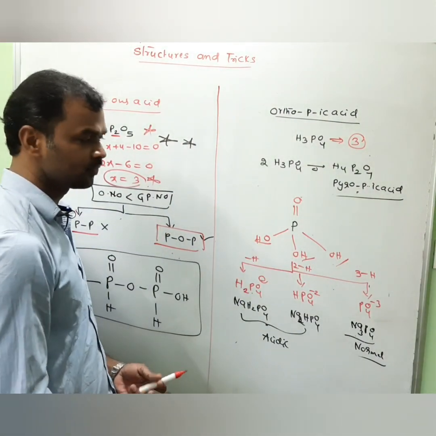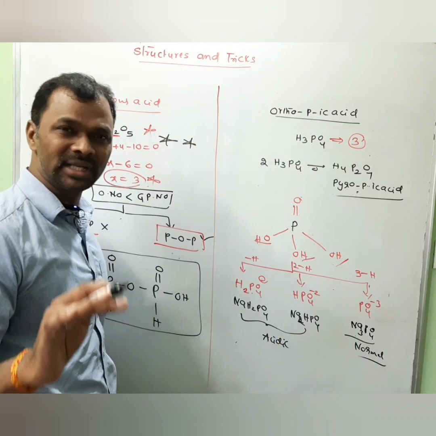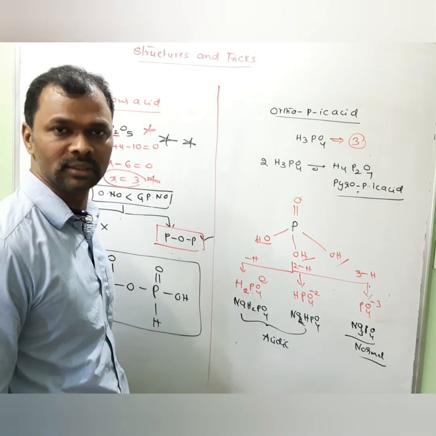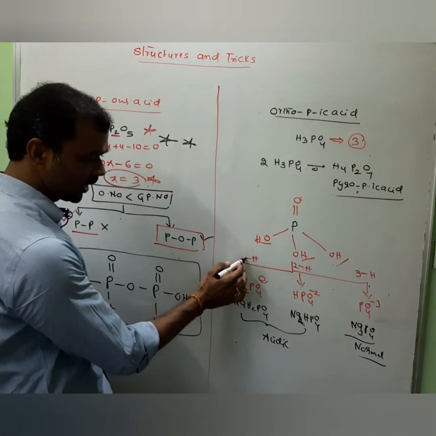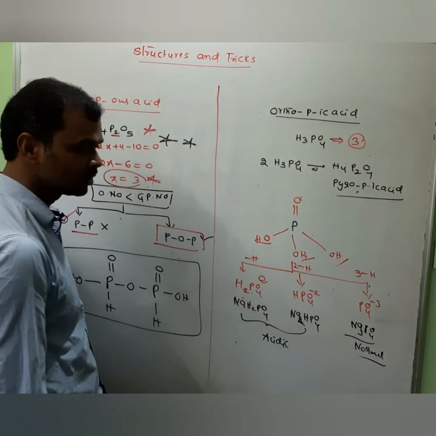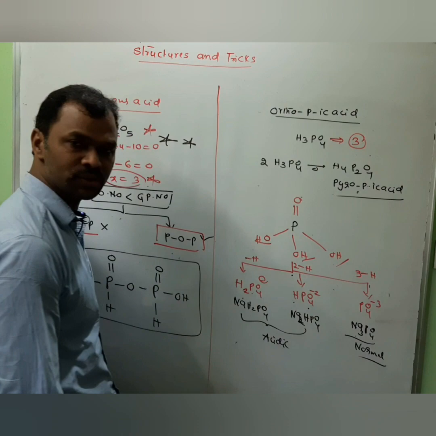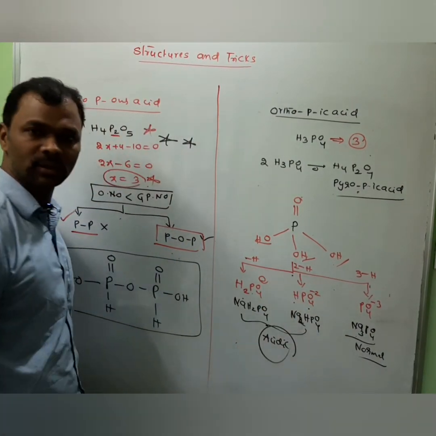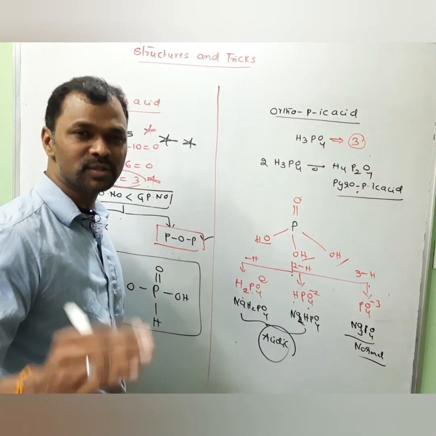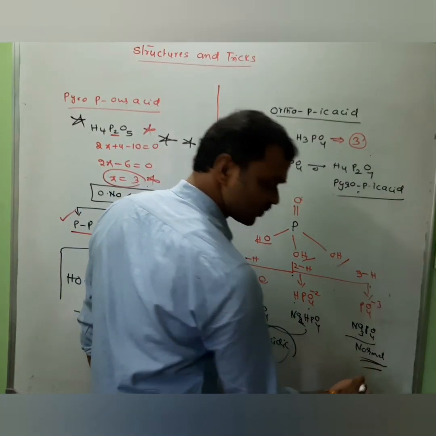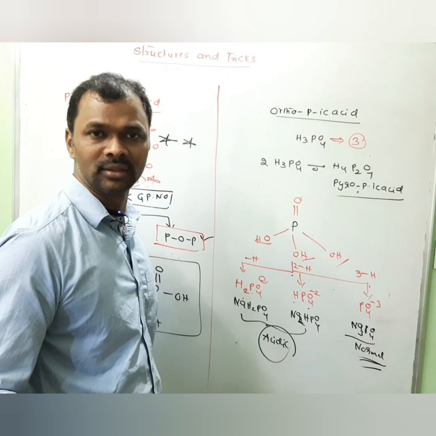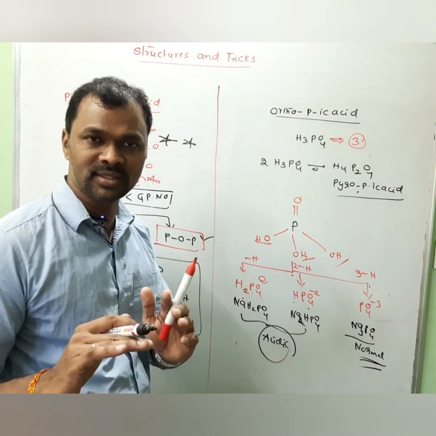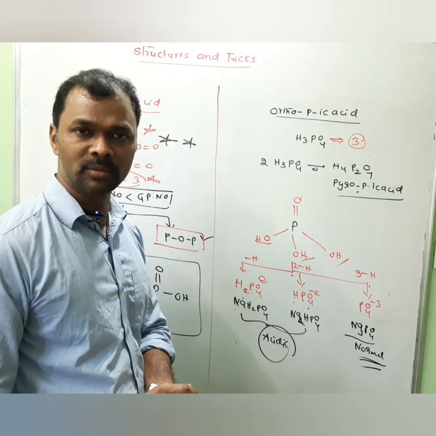Already I told you, if basicity is greater than 1, they form acidic salts. So if you remove one hydrogen we get H2PO4 minus, 2 hydrogens HPO4 minus 2, 3 hydrogens PO4 minus 3. So these two are acidic salts because they contain replaceable hydrogens, whereas this one is a normal salt. Normal salt means they do not contain replaceable hydrogen.